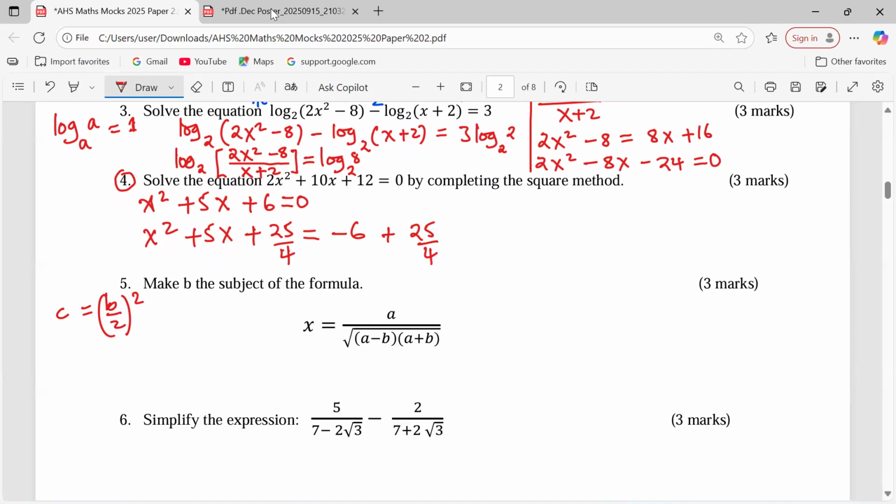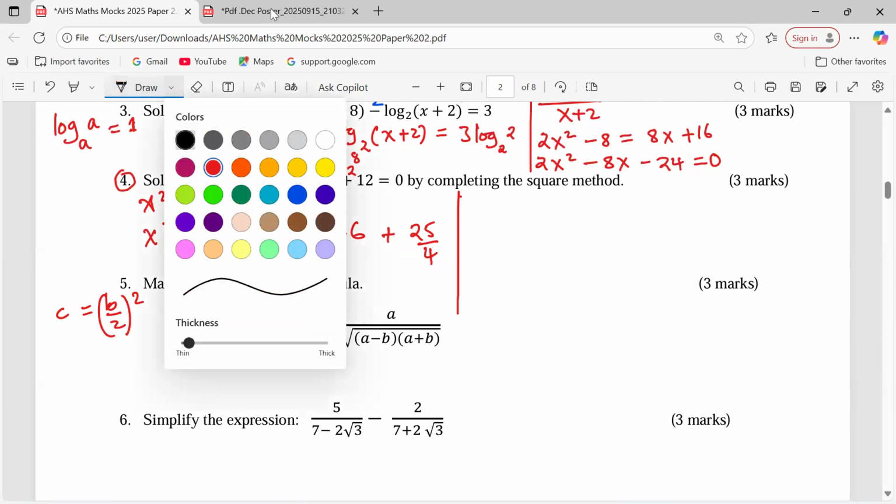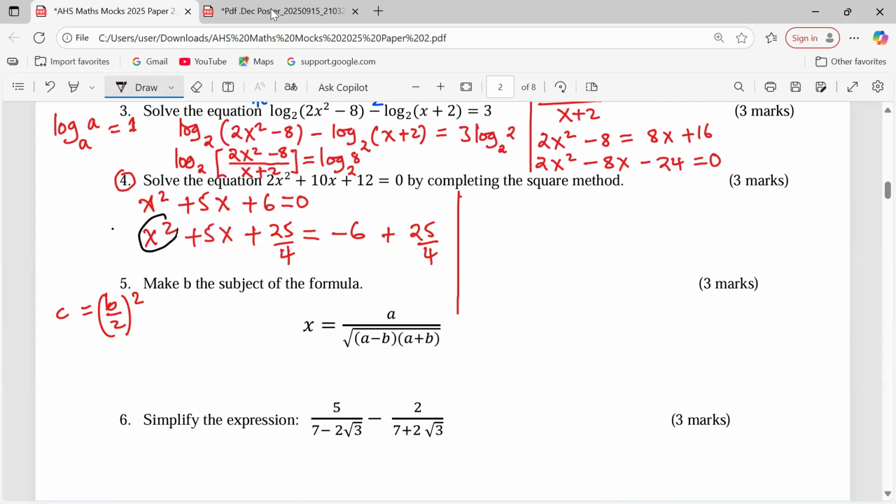After that, we factorize the left-hand side as a perfect square by taking the square root of the first term, which is x, the sign that follows, which is a plus, and the square root of the constant, which is 5 over 2, all squared.